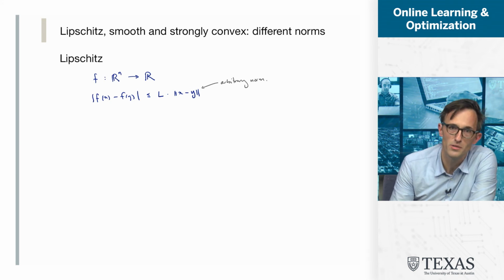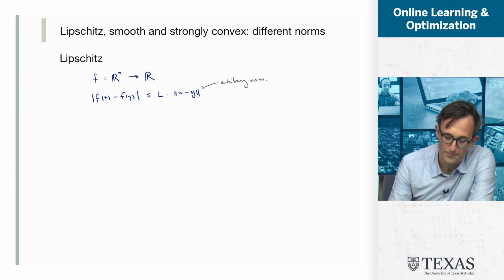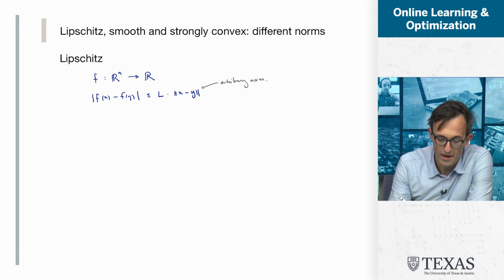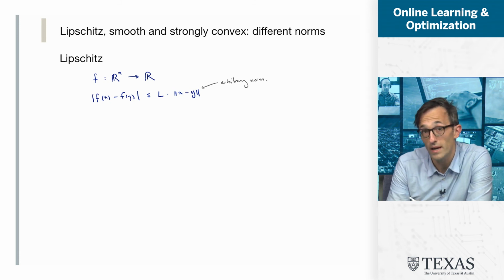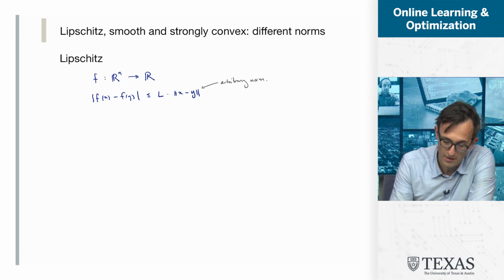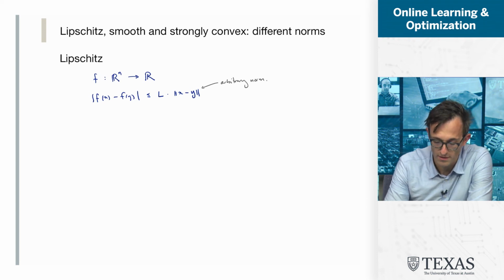Now, sometimes I've been using a slightly different definition, in particular in the setting where I want to talk about the gradients or subgradients of f. But I want to link this to something that we had already done before.